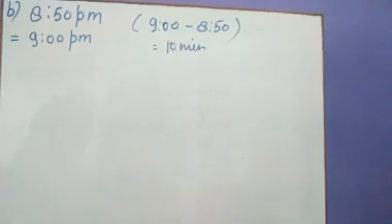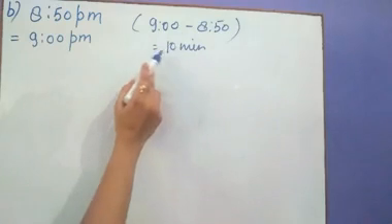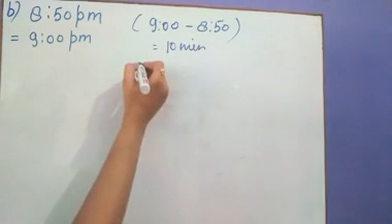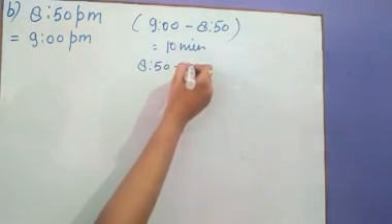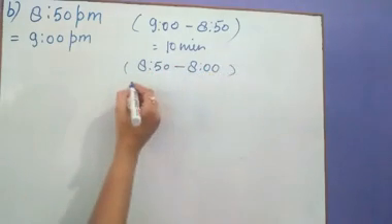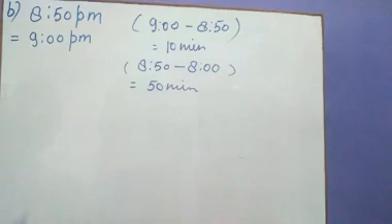Why? Because 9 hours minus 8 hours 50 minutes is equal to 10 minutes, and the difference between 8 hours 50 minutes and 8 hours is equal to 50 minutes. So 8 hours 50 minutes will be rounded up to 9 hours. Understood?